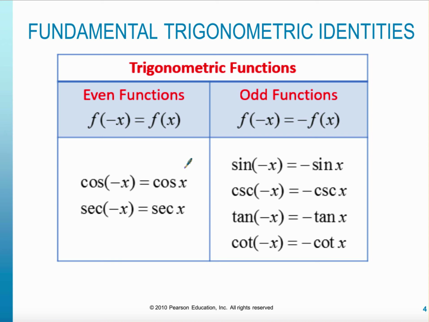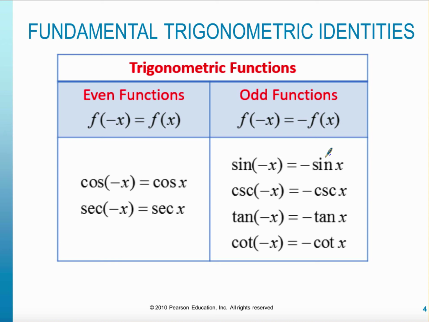They actually have diagonal symmetry, or we call that an odd function. And so these functions, when we substitute in negative x to the argument, the result is the same as if we had substituted in a positive x and then multiplied the whole entire result by a negative.